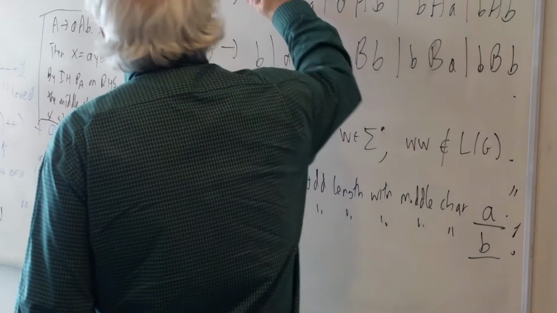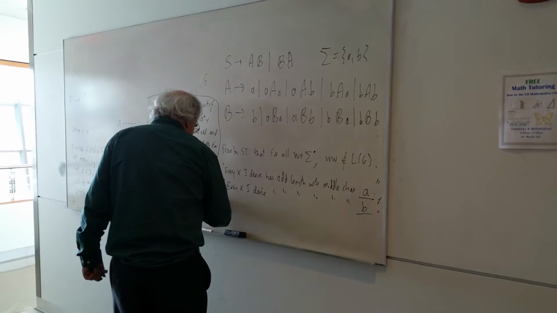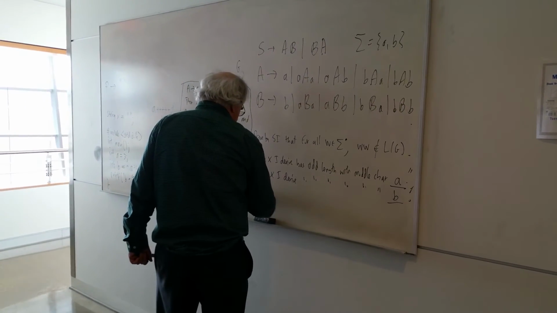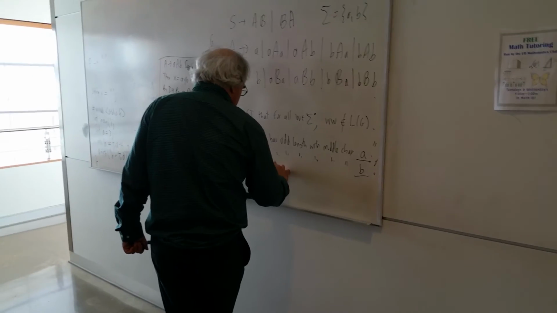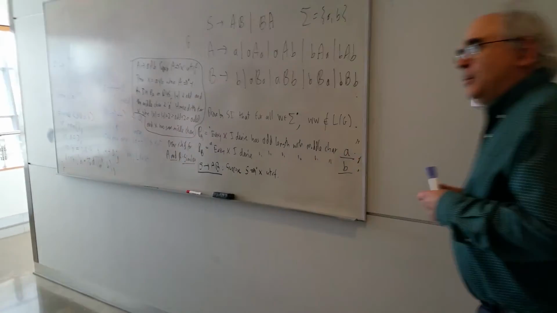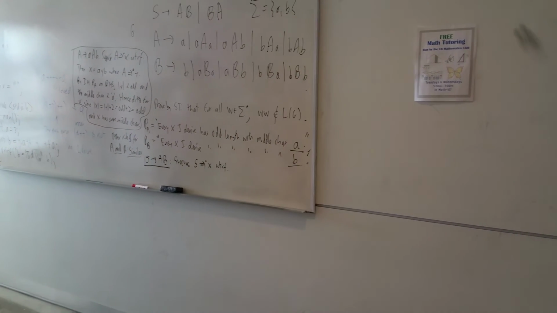Okay, so now we're going to do the rule S arrow AB. Now suppose S derives star x using this rule first. Now, by the way, you probably don't have any idea what I'm trying to prove.